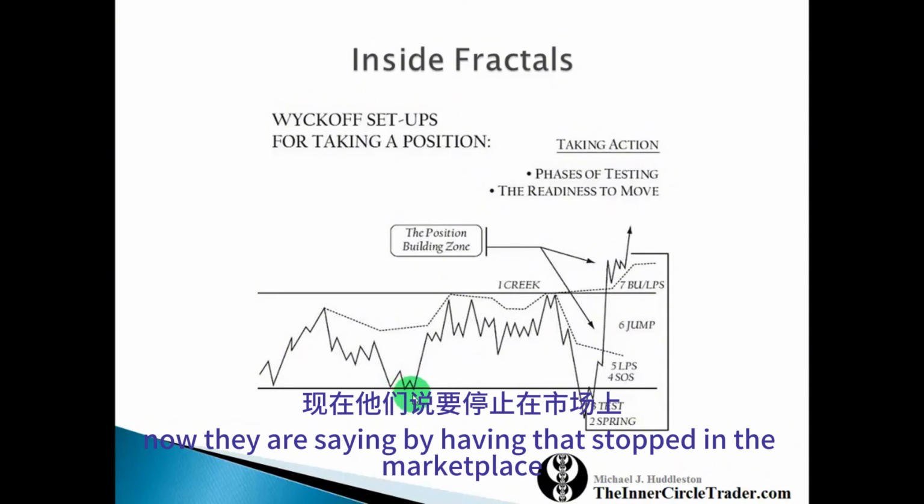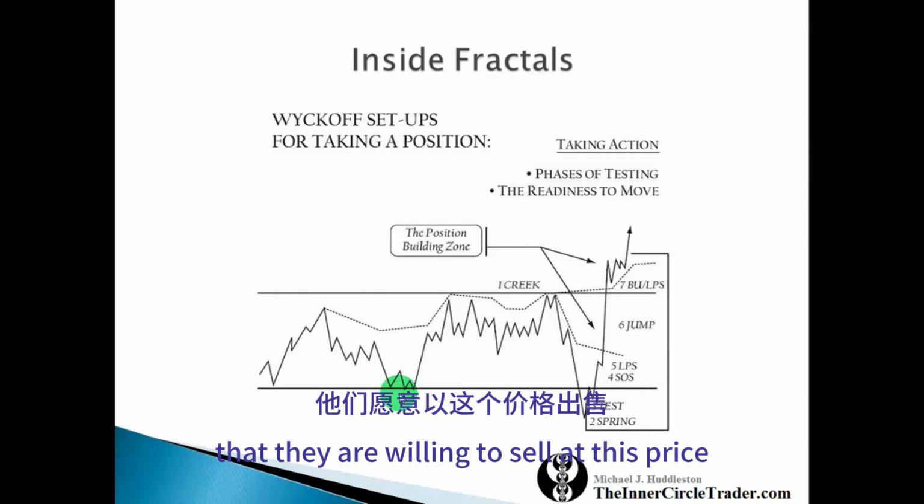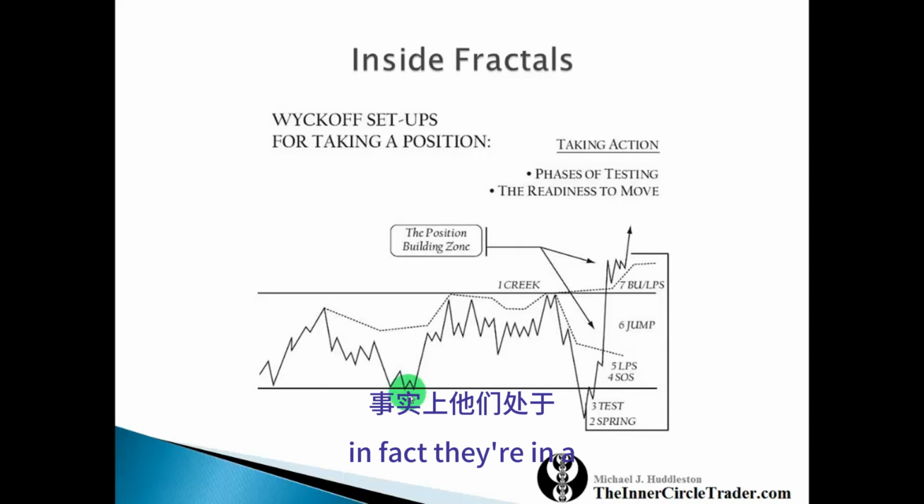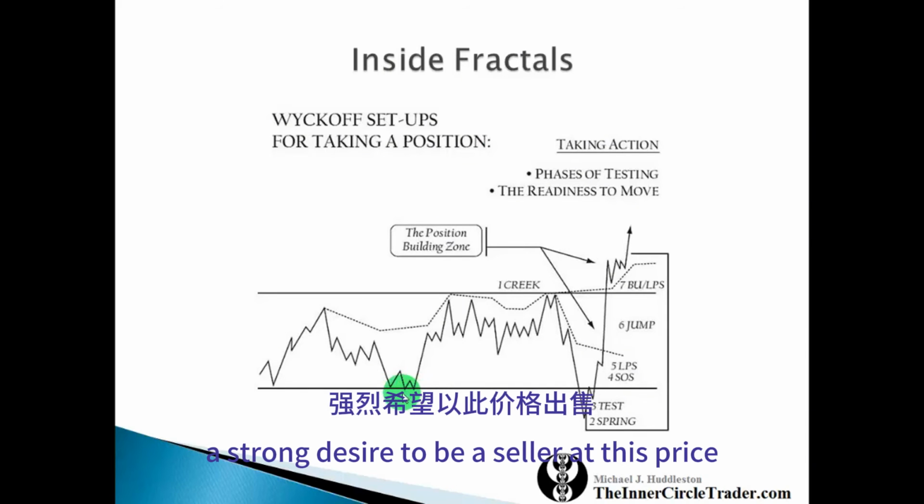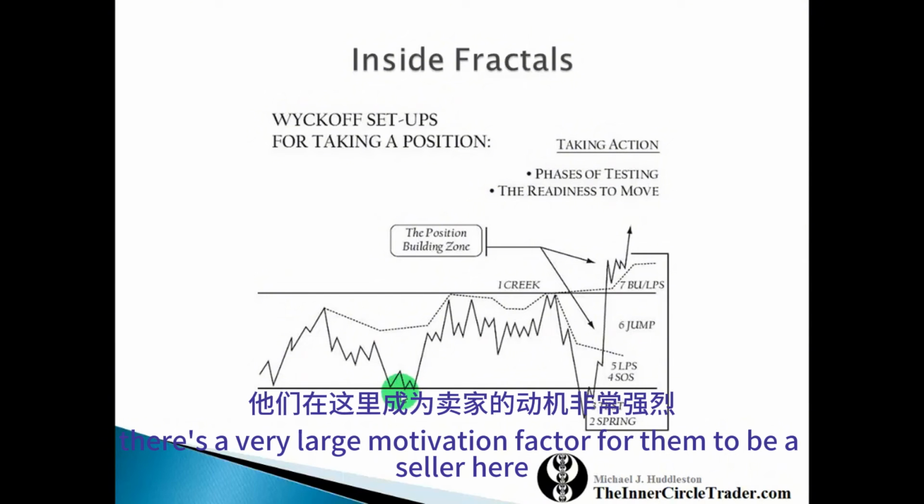Now, by having that stop in the marketplace, they are saying that they are willing to sell at this price. In fact, they have a strong desire to be a seller at this price. There's a very large motivation factor for them to be a seller here.